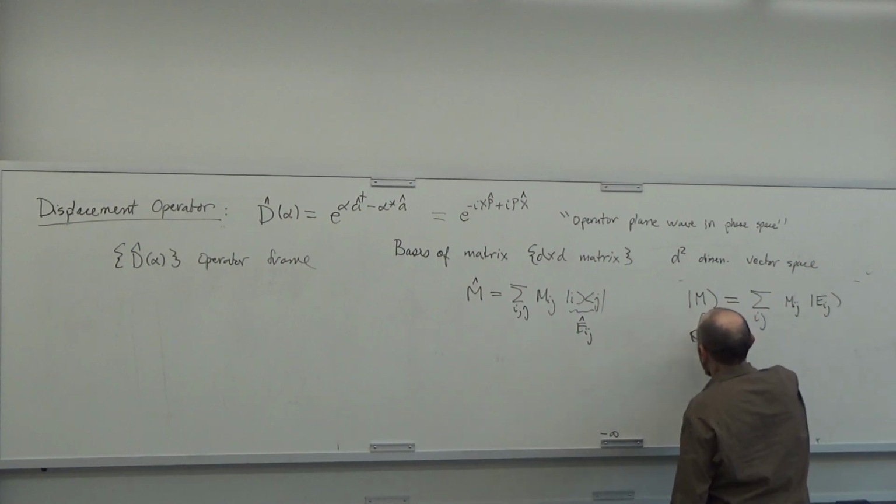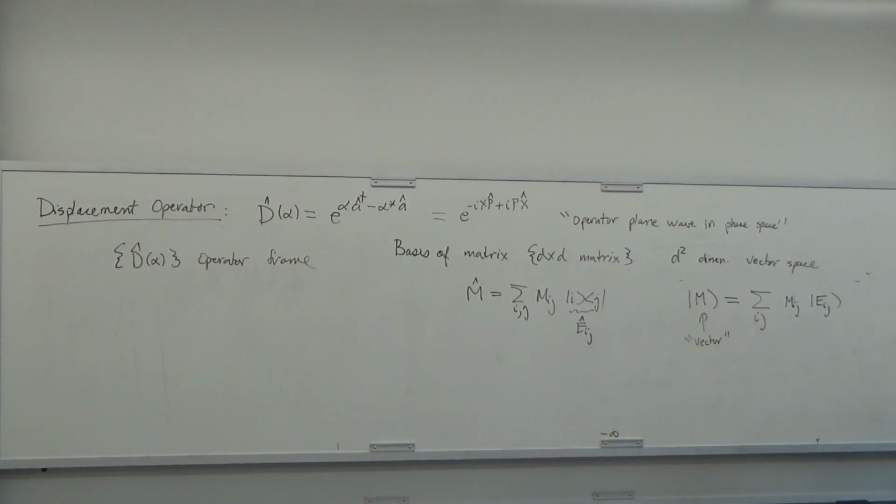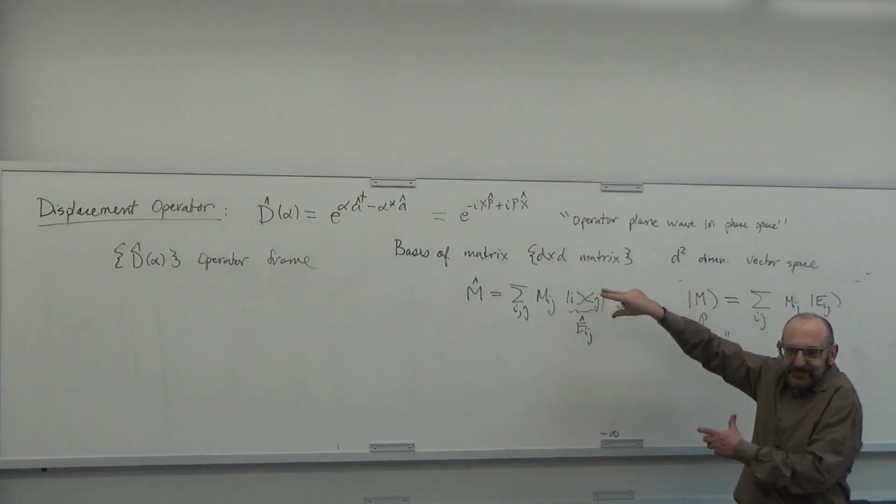So now this is a vector in my bigger vector space. Is that clear?